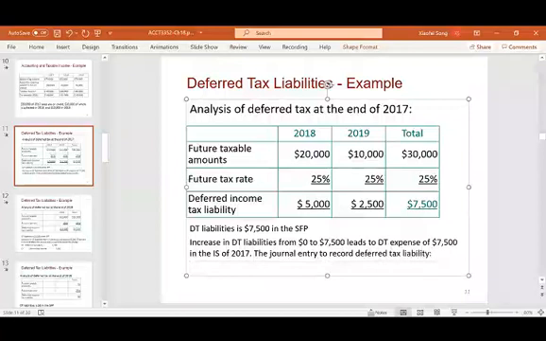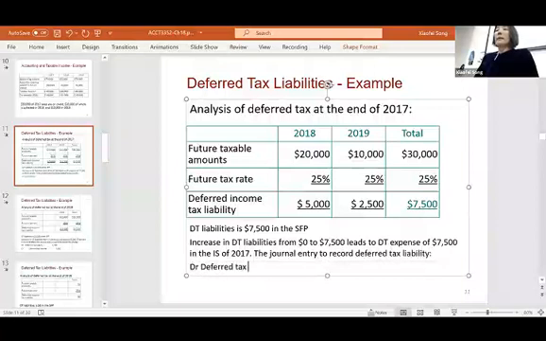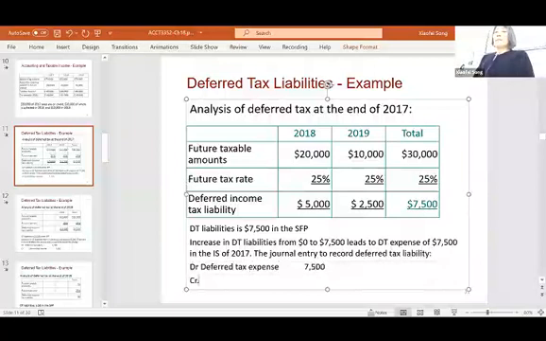Will debit deferred tax expense, right? Because we need to credit deferred tax liability, so we need to debit deferred tax expense. Credit deferred tax liability, 7,500. So that, okay.